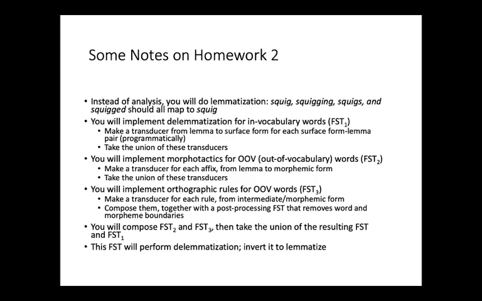You'll concatenate all of those together, and then you'll compose FST2 and FST3 to be one big out-of-vocabulary FST, and you'll take the union of that FST and FST1 and have an FST that does delemmatization. That basically, given a lemma, gives you all of the inflected forms. Then you will invert that FST, and you'll have an FST that does lemmatization.